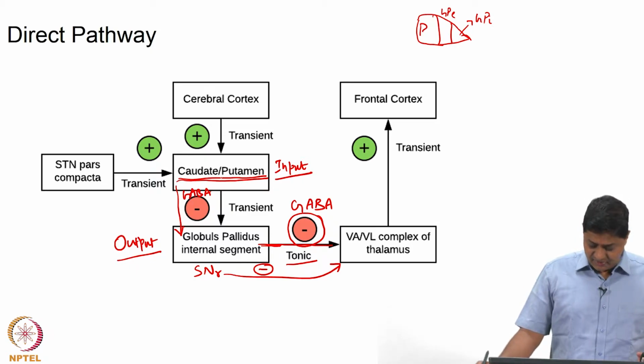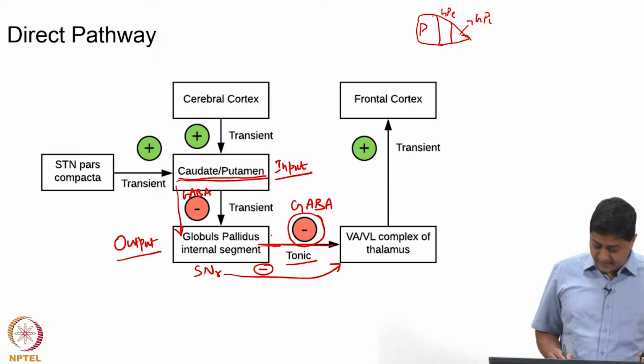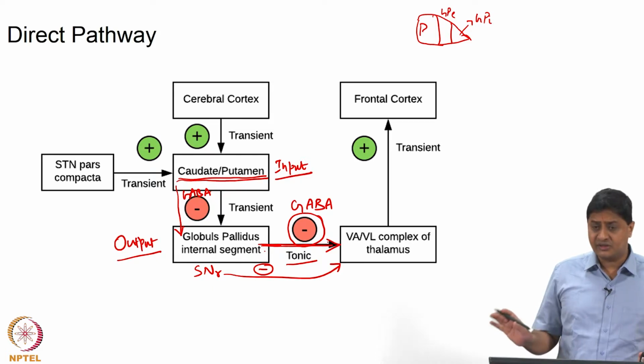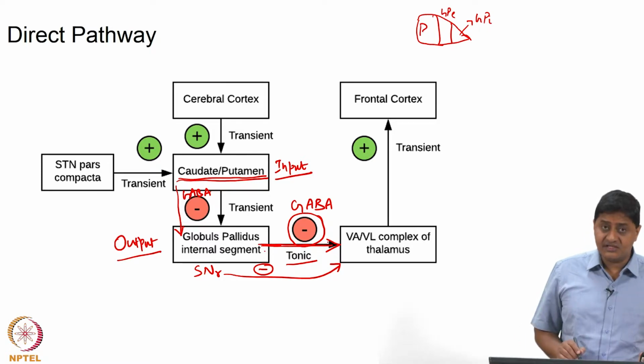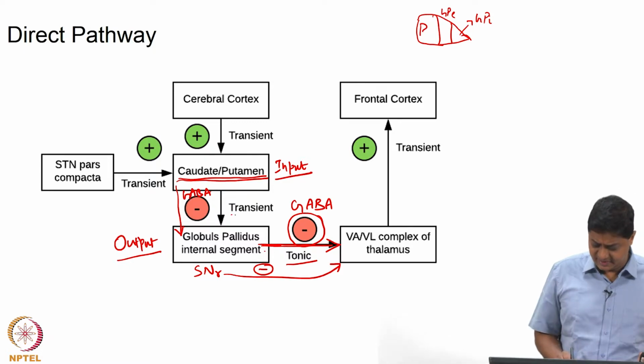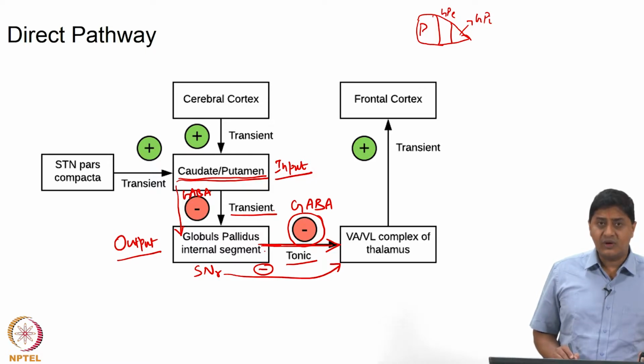But let us remember that already GPI is tonically inhibiting the thalamocortical neurons. So, if these neurons in the GPI themselves are transiently inhibited by the input from the striatum, then what happens?